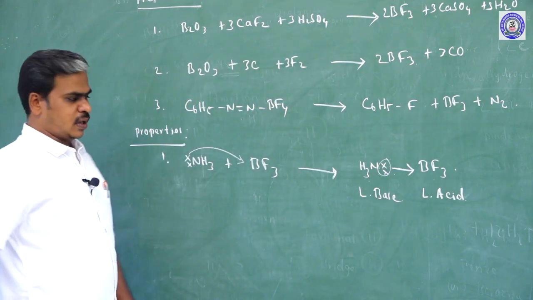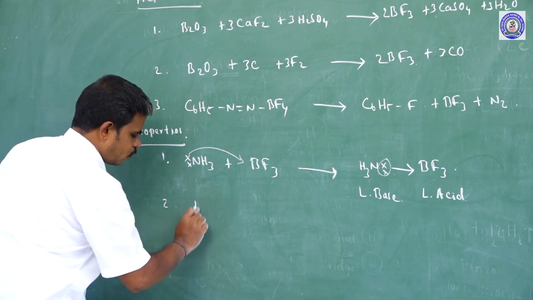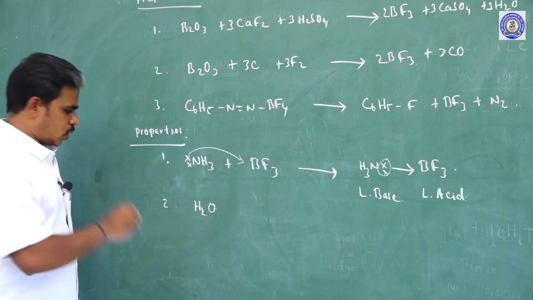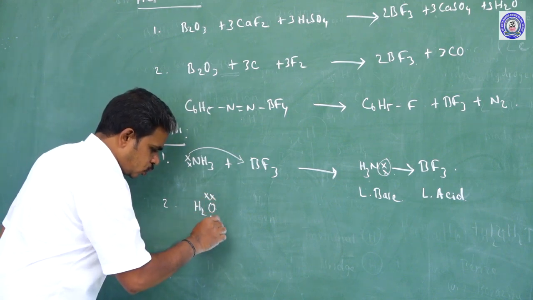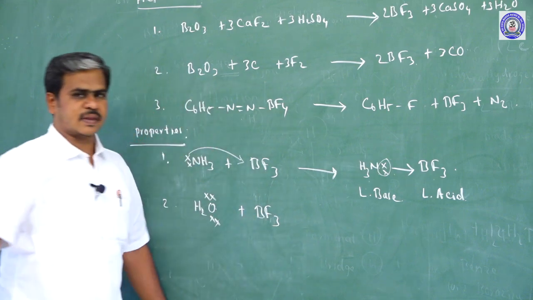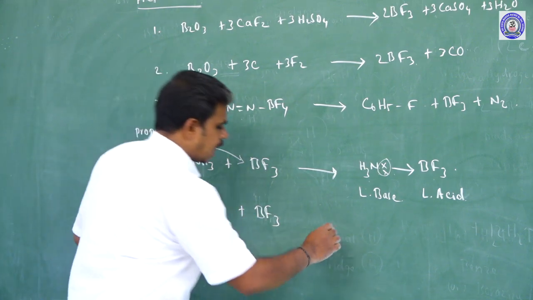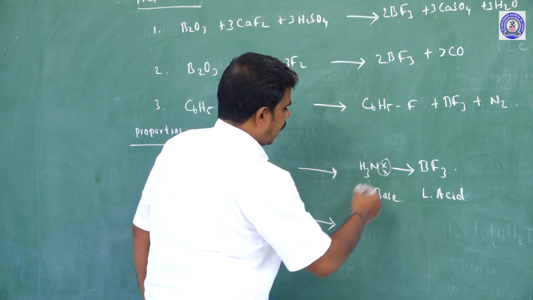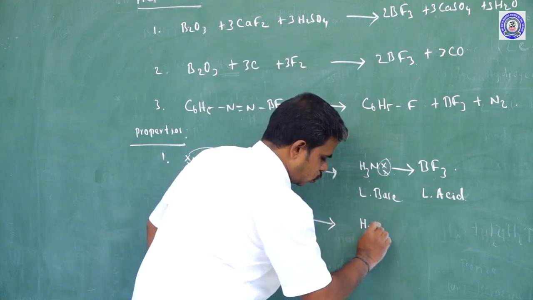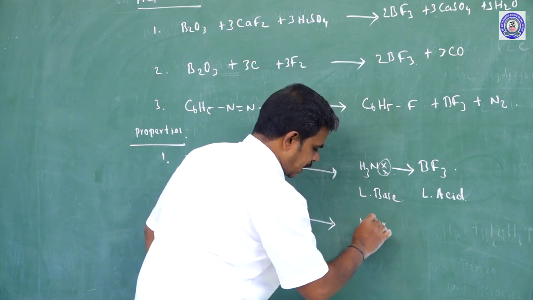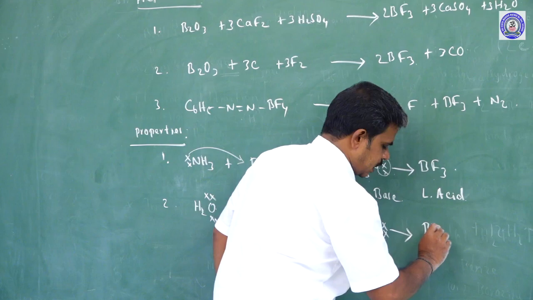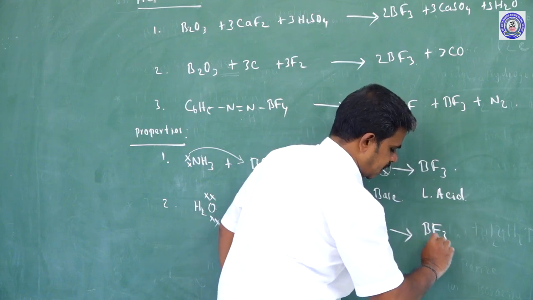In the same way, we take water. Oxygen has 2 lone pairs and is reacted with BF3, making a covalent or coordinate bond. So here H2O donates one of its lone pairs and forms a bond with BF3.